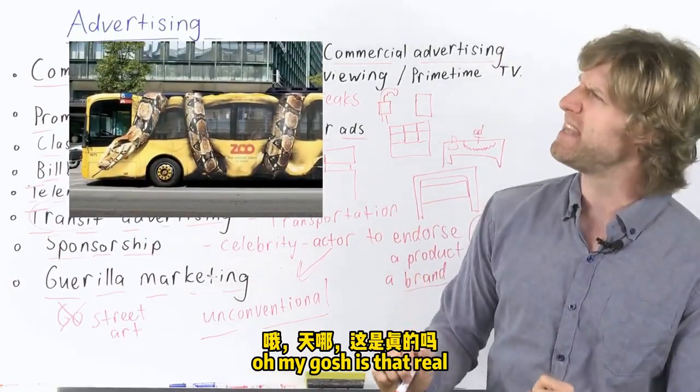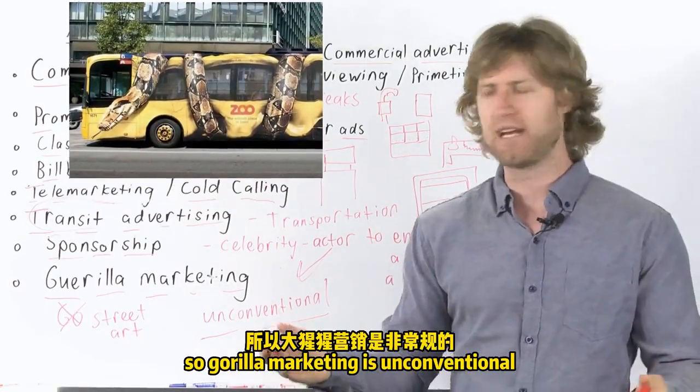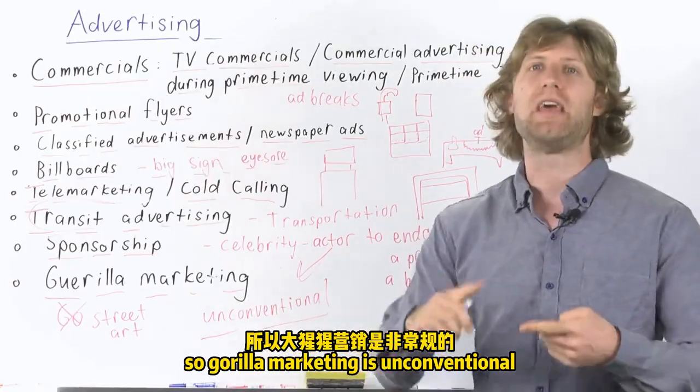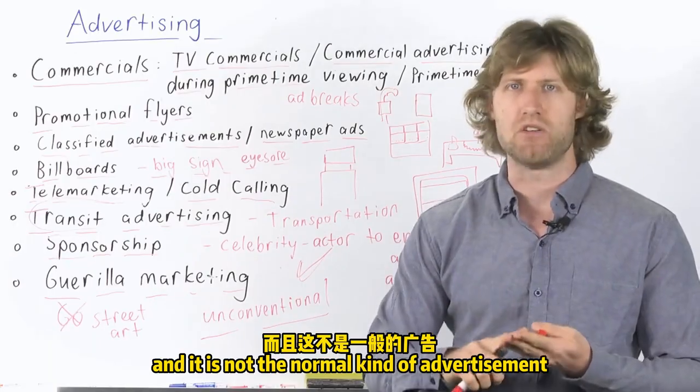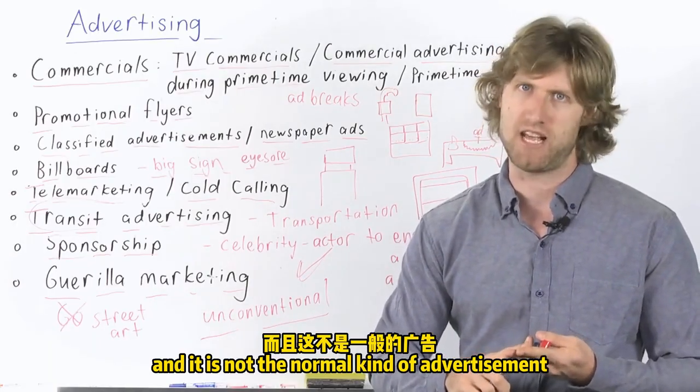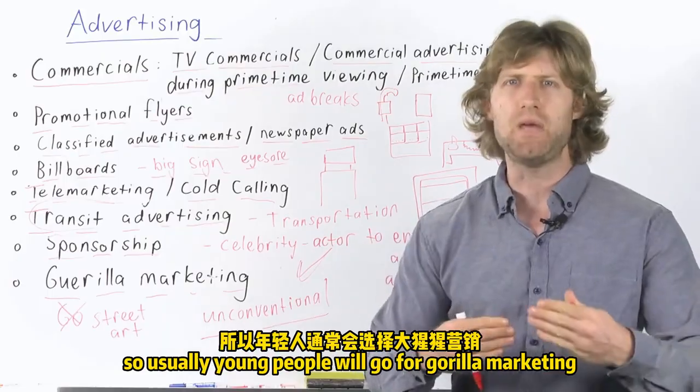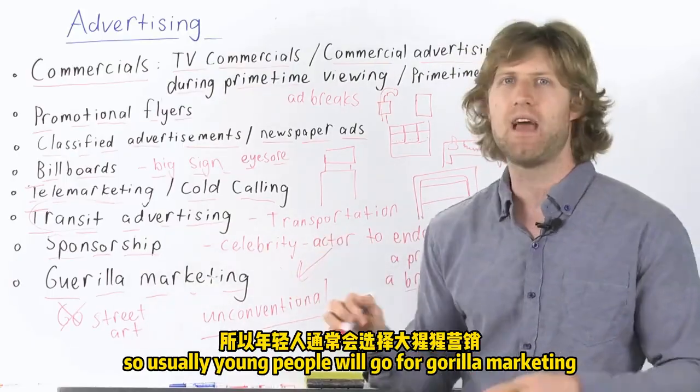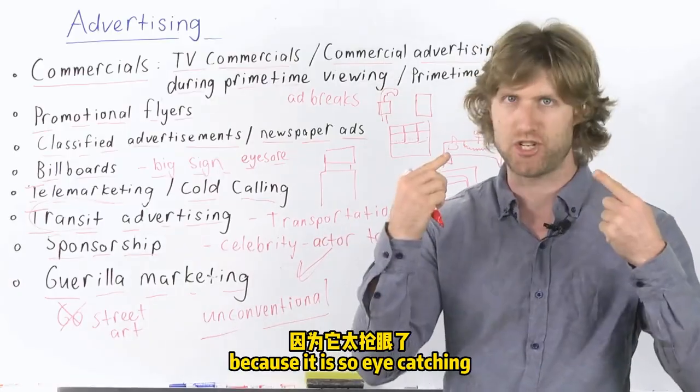Oh my gosh, is that real? So guerrilla marketing is unconventional, it is artistic, and it is not the normal kind of advertisement. So usually young people will go for guerrilla marketing because it is so eye-catching.